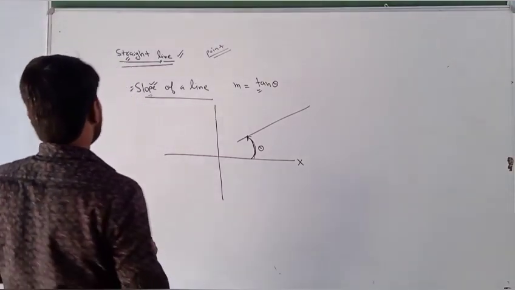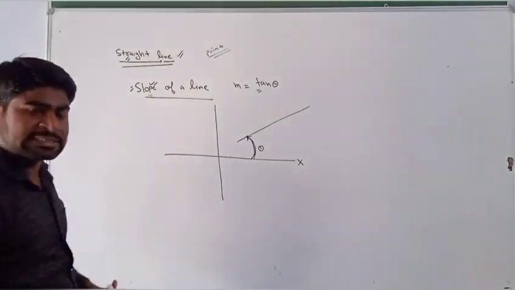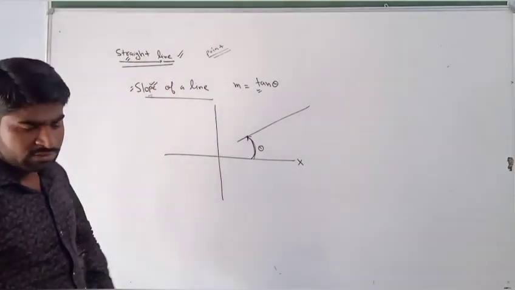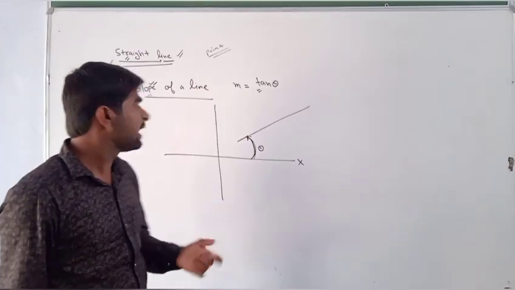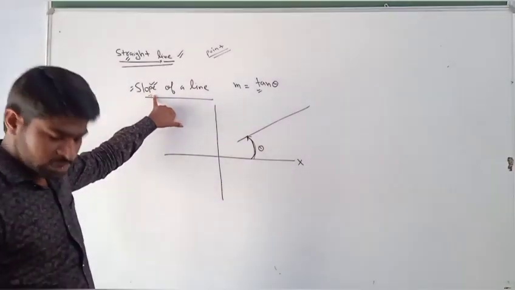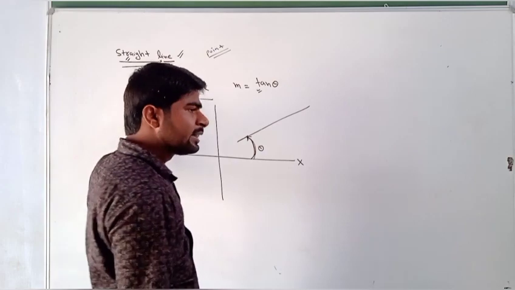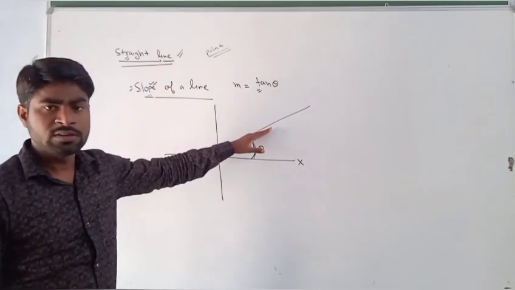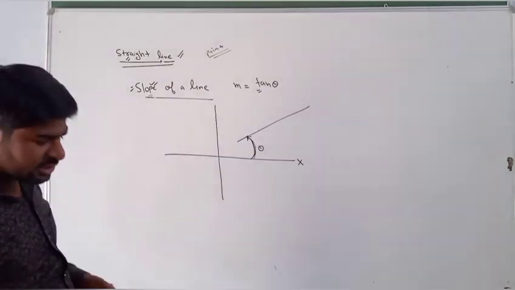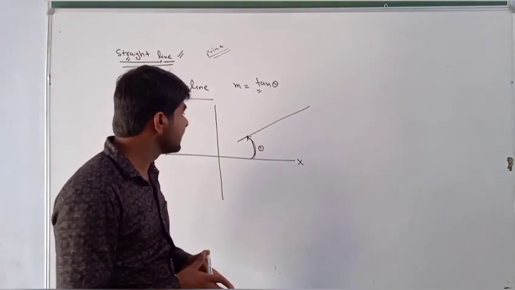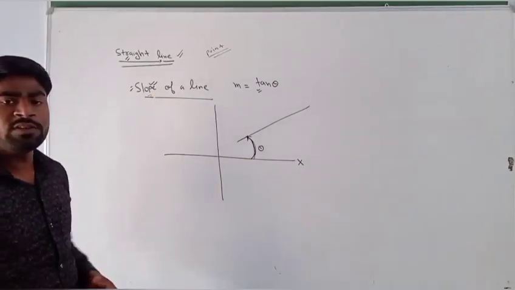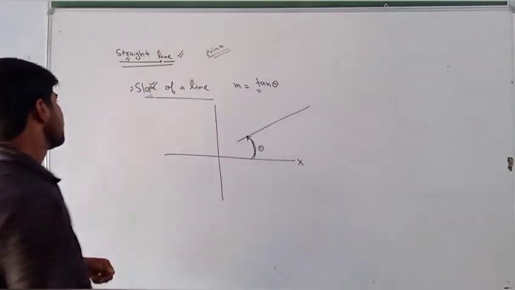Okay, so now we will discuss straight line. So the first thing which is very important for the line is slope. Slope is nothing but the measure of inclination of a line. In further studies, we will also understand that the slope also represents the direction of the line.